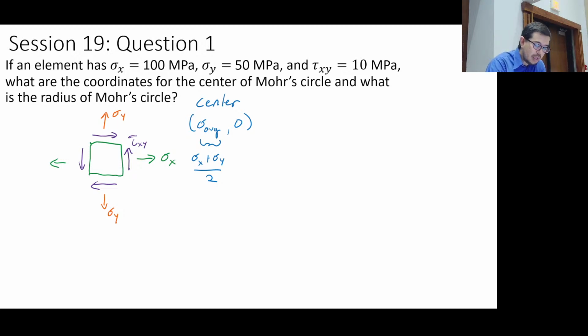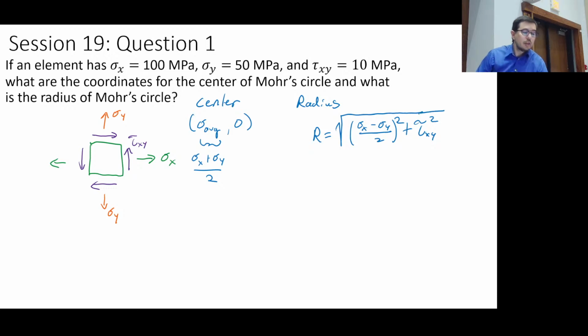And the other question is, what's the radius? The radius was a little bit of a larger equation. The radius is going to be the square root of sigma x minus sigma y over 2, squared, plus tau xy squared.